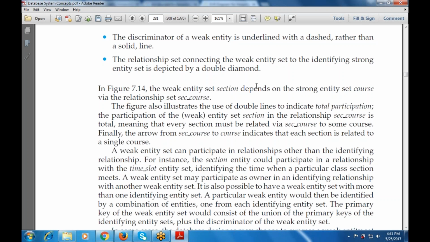It is not a hard and fast rule that there is only one possible way. A particular weak entity set will be identified by the combination of entities, one for each identifying entity set. So the primary key of the weak entity set consists of the union, that means a combination, of the primary keys of the identifying entity sets.